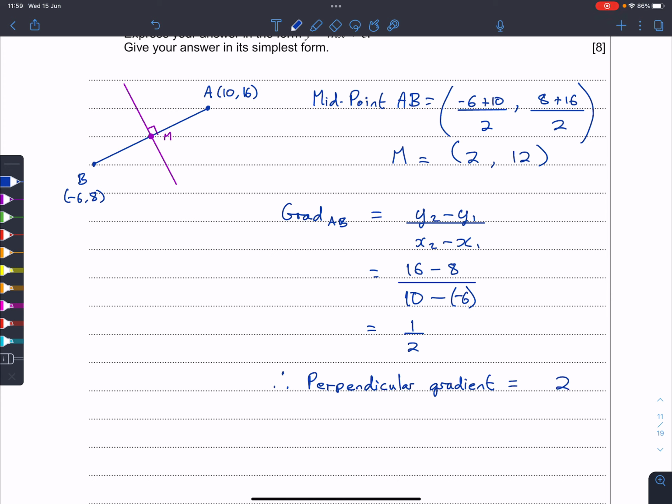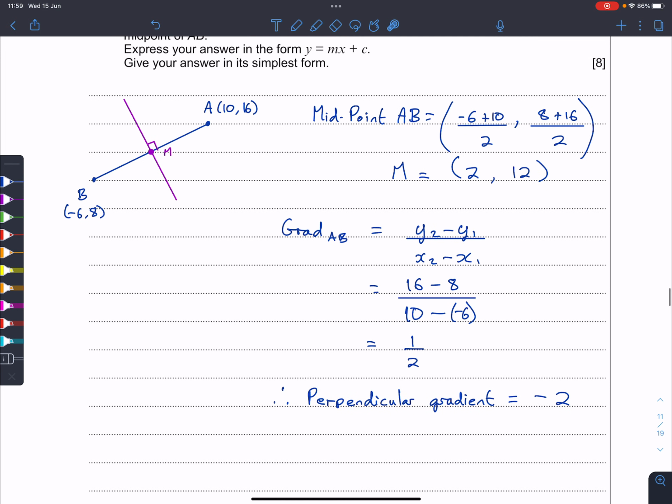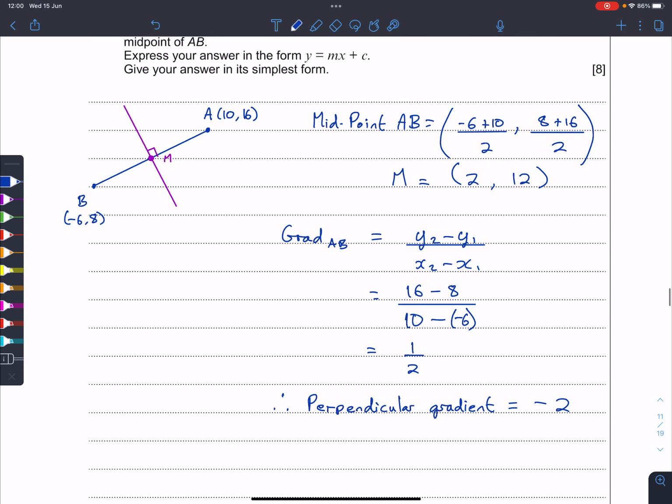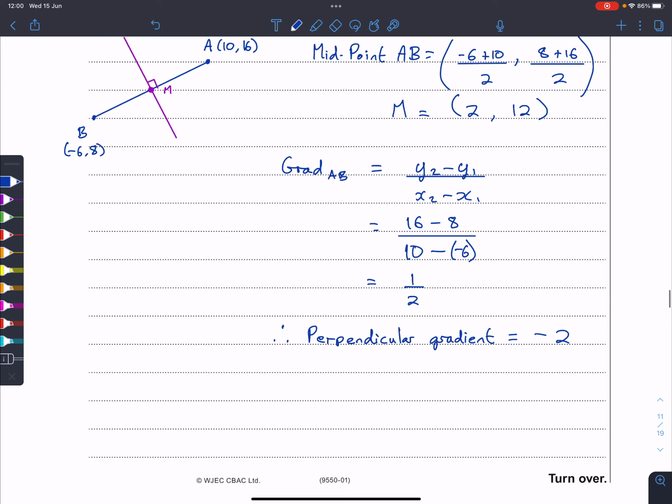That's going to be my gradient. And you can see this kind of makes sense. This is a negative gradient and it's steeper than that one that's positive. So it's a negative gradient and a larger number. So I now have the gradient of my line and a point that lies on it. So I can now find the equation of the line.